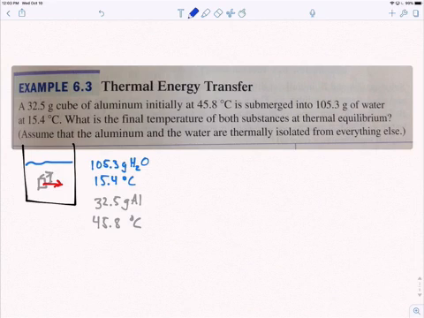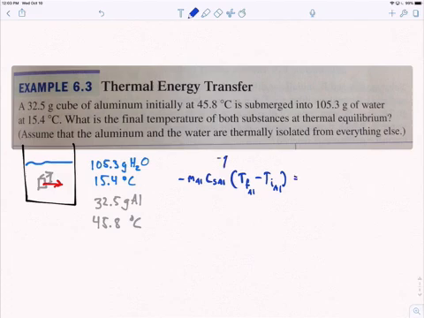So the idea is that the heat loss of the aluminum equals the heat gained by the water. The heat loss of the aluminum, so it's in the negative direction, is minus mass of aluminum times specific heat of aluminum times delta T. Delta T is always T final minus T initial. So minus Q aluminum equals Q water.